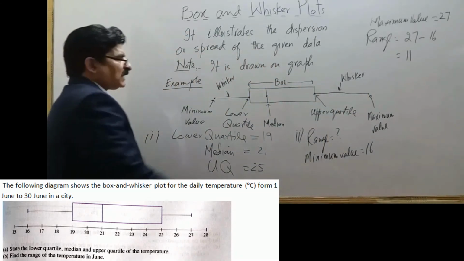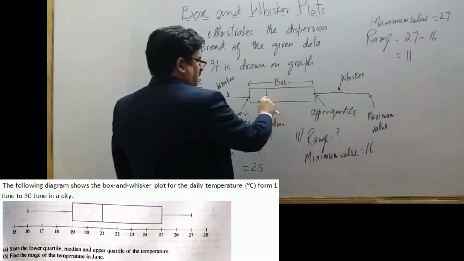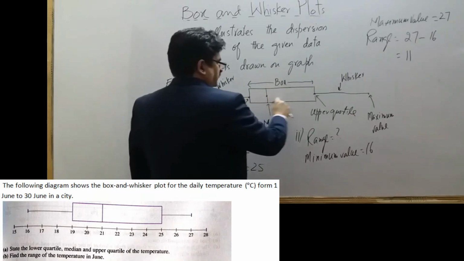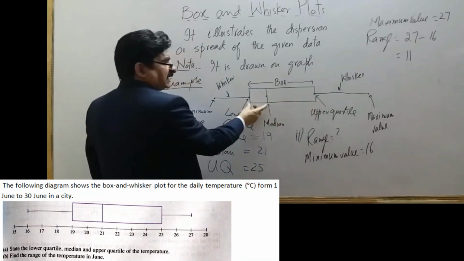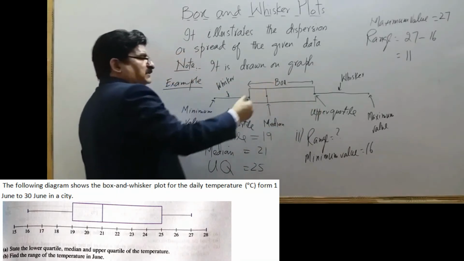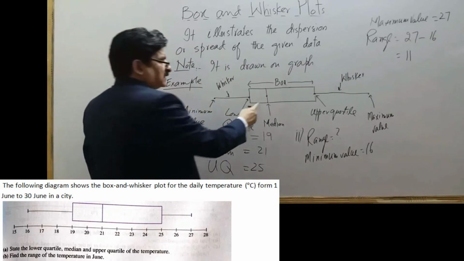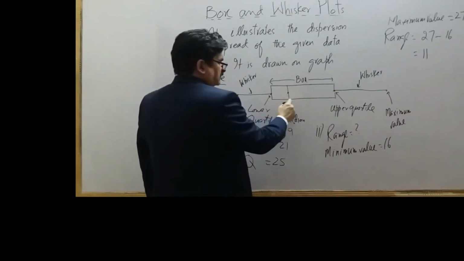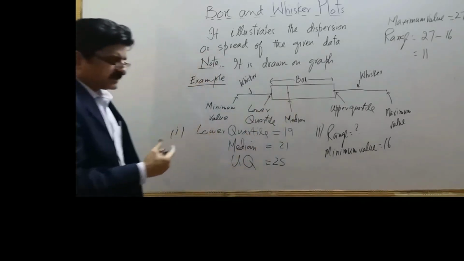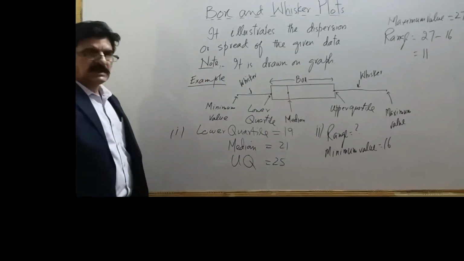So the 25% values located from 50% to 75% have more spread than these values. So the distance between the values is greater in this 50 to 75% as compared to 25 to 50%. We will discuss this in the coming examples.